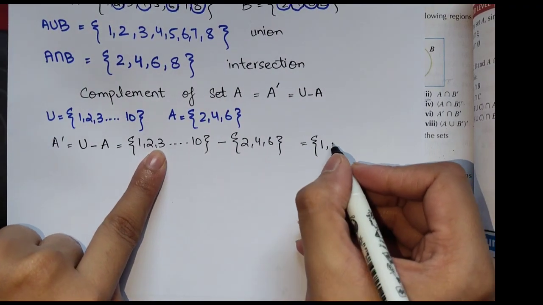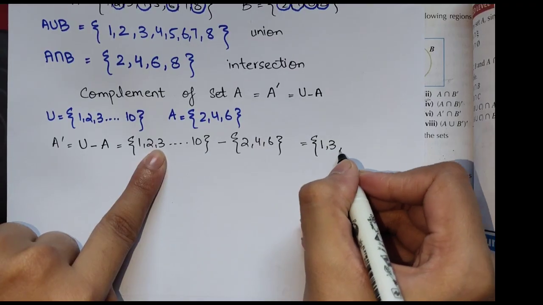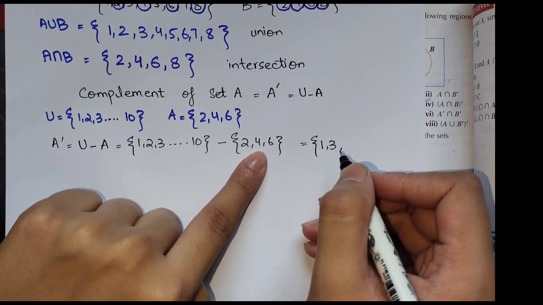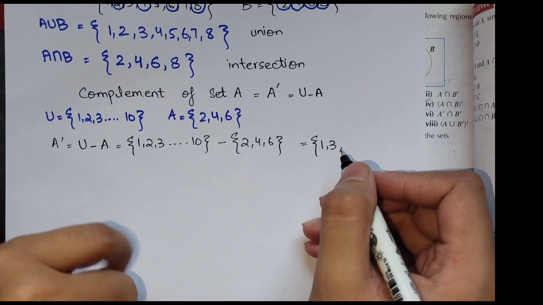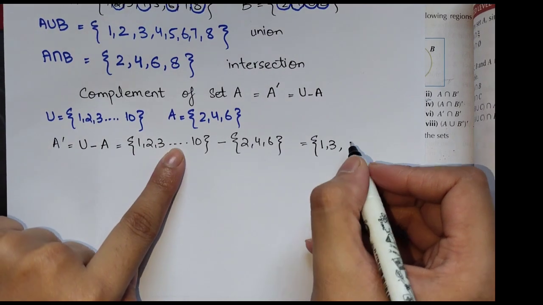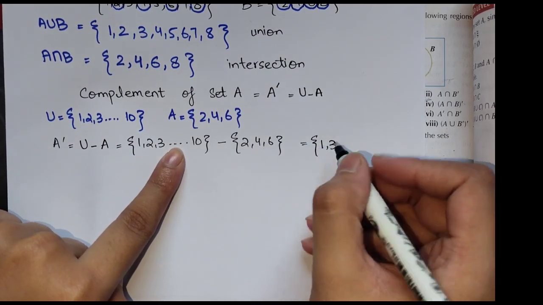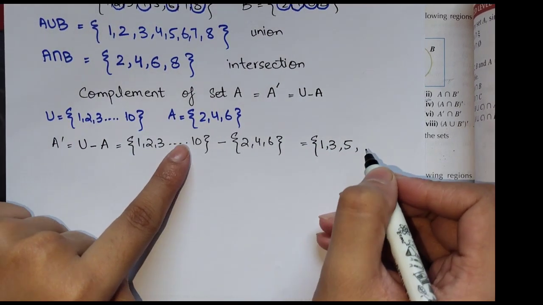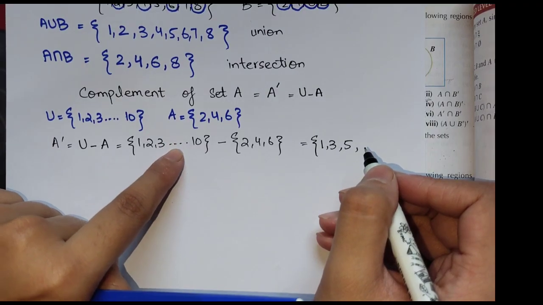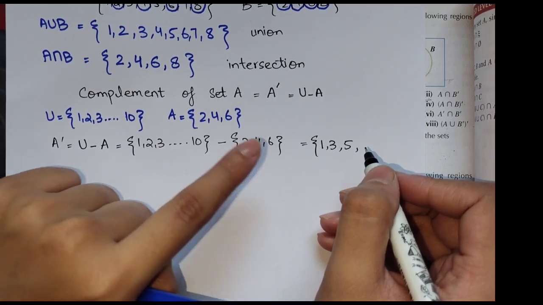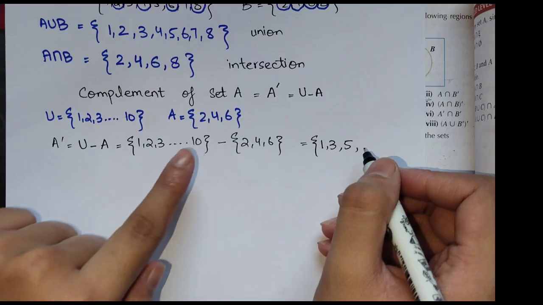3 is present here, 3 is not present here, so write 3. 4 is here, 4 is also here, so don't write it. In this set 5 is here but 5 is not here, so I'm writing 5. Then you can see 3, 4, 5, next number is 6. 6 is here, 6 is also here, don't write 6.